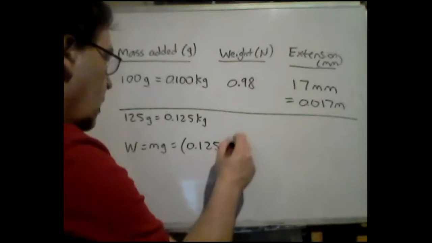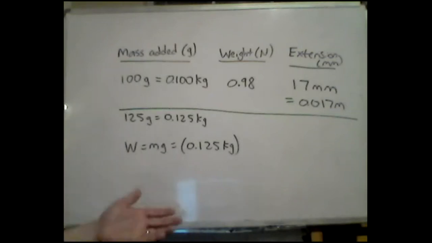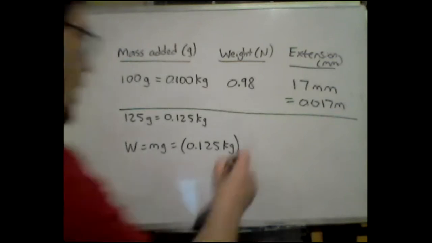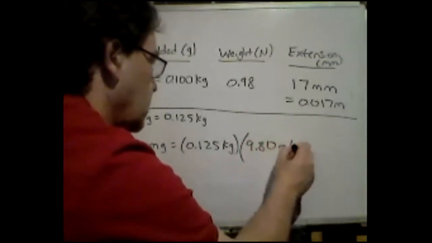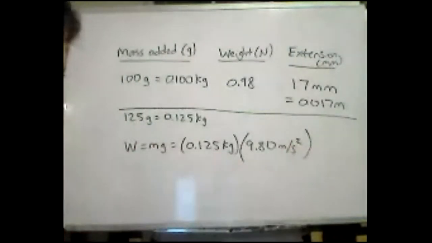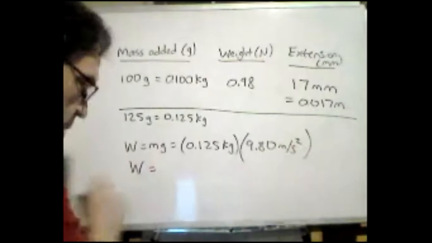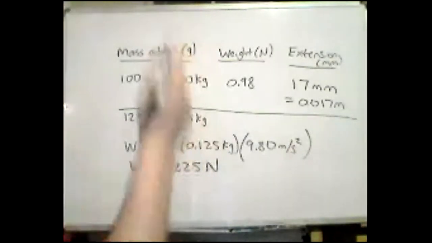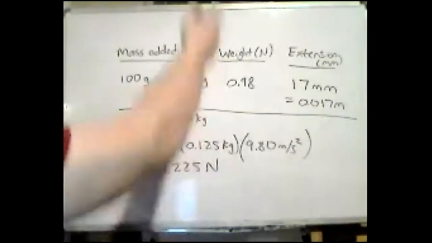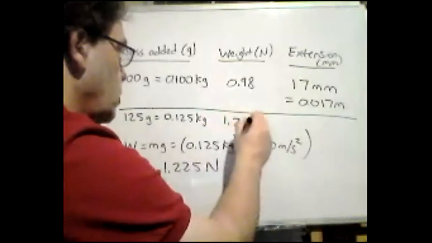Remember, when you calculate newtons, you have to have kilograms and meters per second squared. Everything has to be in base SI, because the base SI unit for force is the newton. I'm on the Earth, 9.80 meters per second squared. When I perform this calculation, the weight is 1.225 newtons. So in my second column, second row, I put 1.225.